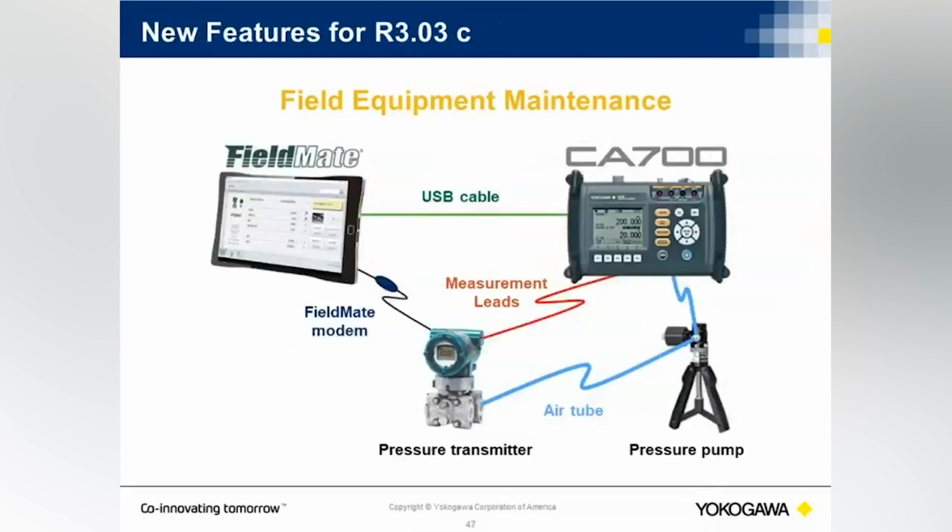The FieldMate modem then uses that 24 volt output to generate the HART or BRAIN protocol. And finally, to close the loop is a pressure pump supplying pressure to both the transmitter and the CA700. Now with this complete setup, this extends the reach and versatility of FieldMate, allowing you to perform pressure calibration in addition to the other tasks it can do.